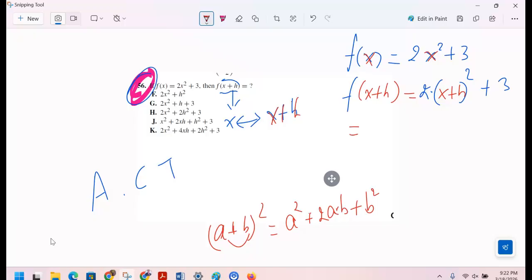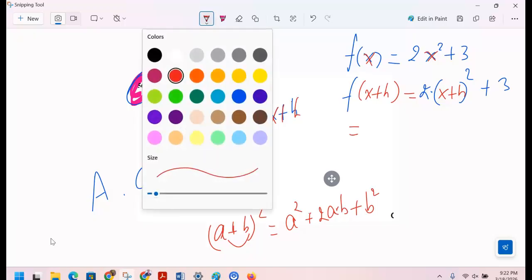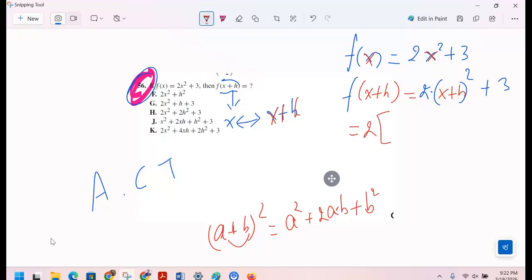So in this example, the 2 stays the same, and this plus 3 I'm going to write as it is. So this whole thing is like a and b. This is like x and the other one is h. So all you put is x, and the other one you put is h. See this one.